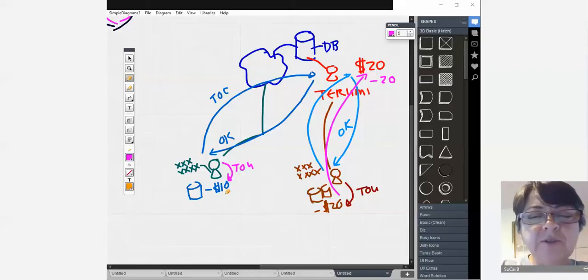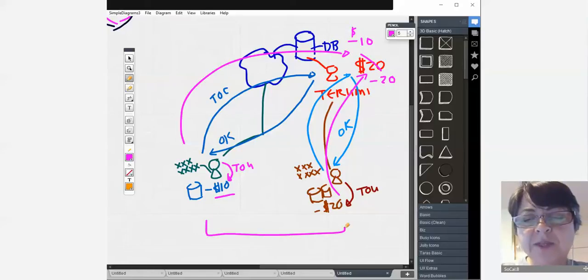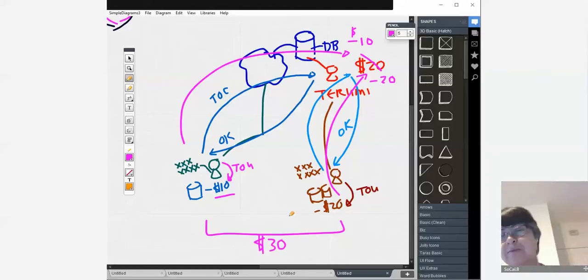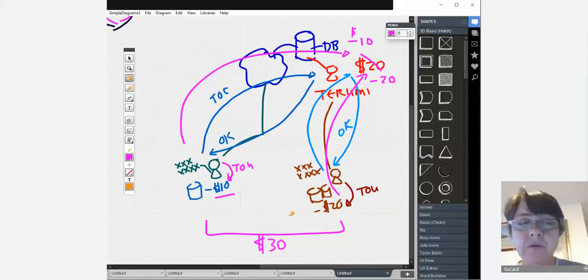So it allows me to buy something that's worth $10. Now when it goes to update, it's going to be not minus $20, but minus $10. But in the whole process, I was able to get out of this whole system $30. Okay? See that?